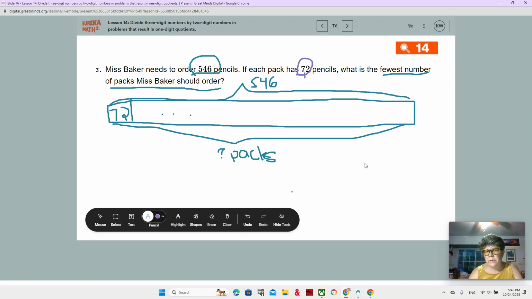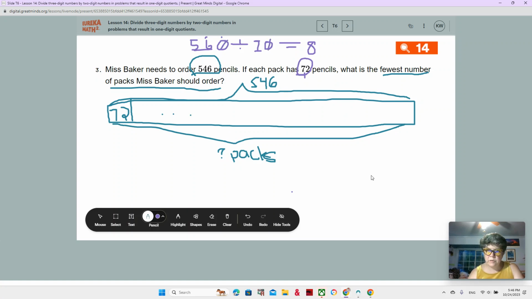So let's start with 8, right? 56. 560 divided by 70, that would be 8, right? Because 56 divided by 7 is 8, and we're not going to worry about those zeros.